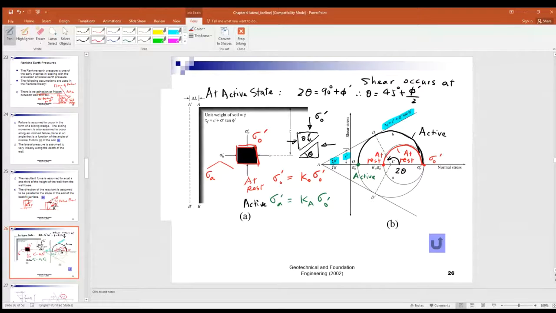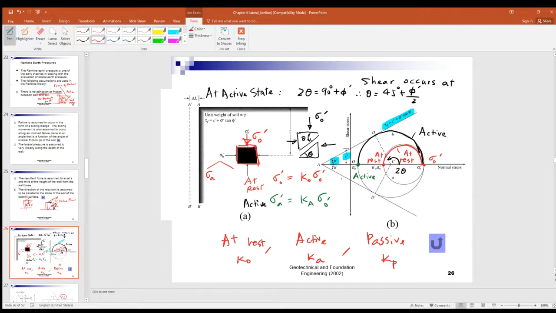First of all, you have sigma naught dash, the vertical stress. And then you have the horizontal stress, which is either at rest, that's K naught, or active, which is Ka, or passive, Kp.